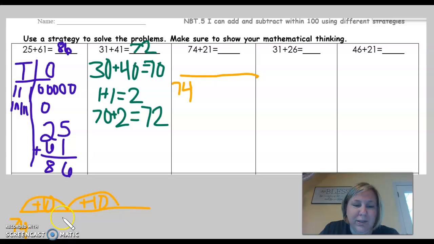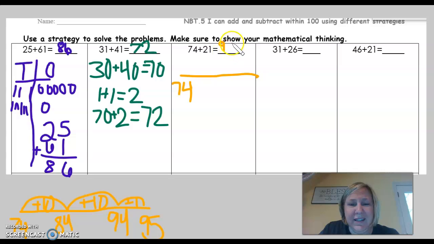So 74 plus 10 is 84. 84 plus 10 is, that's right, 94. And then I have one more to add, plus 1, which gets me 95. So I'm going to go ahead and write the sum right up here.